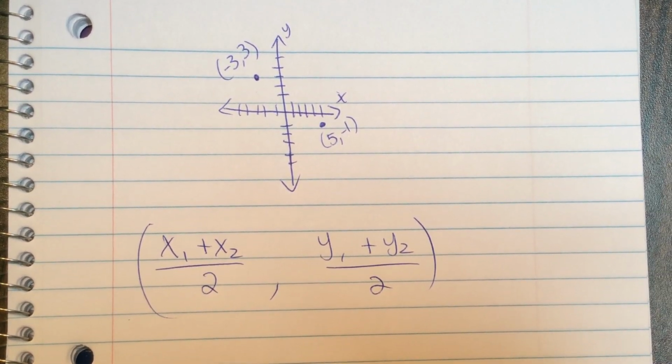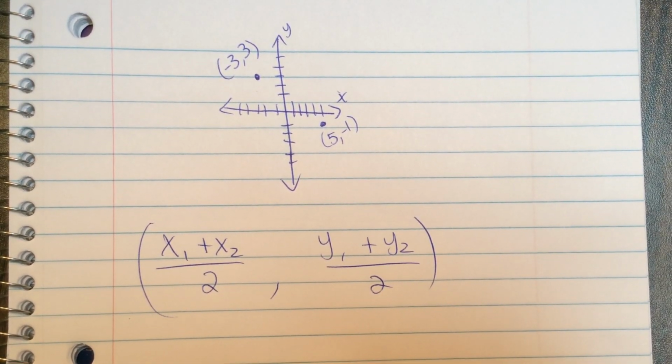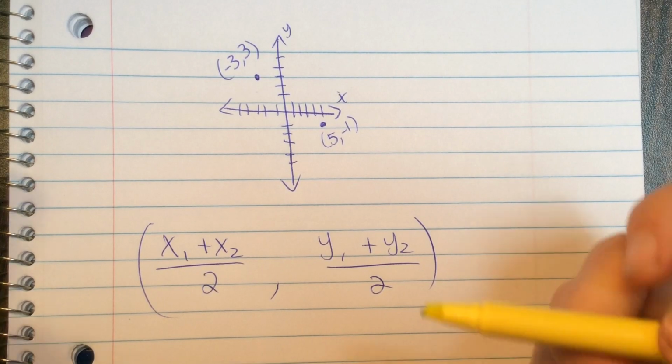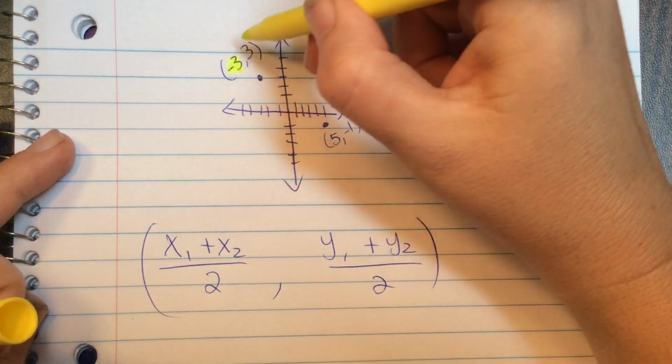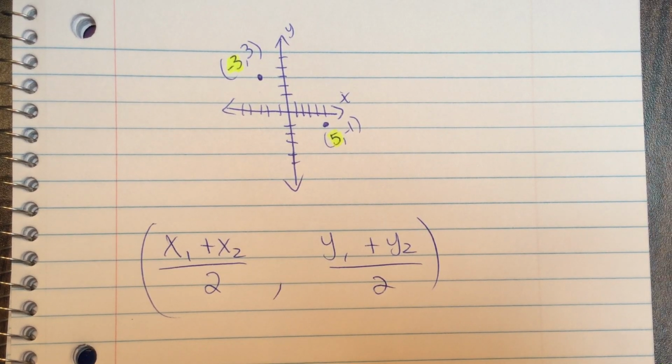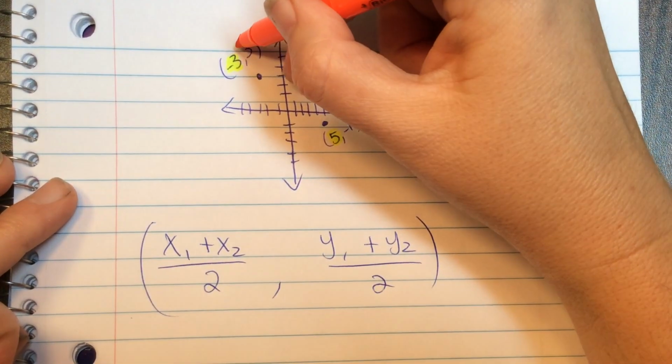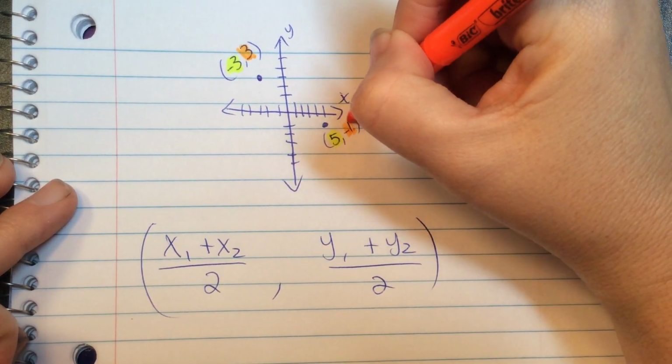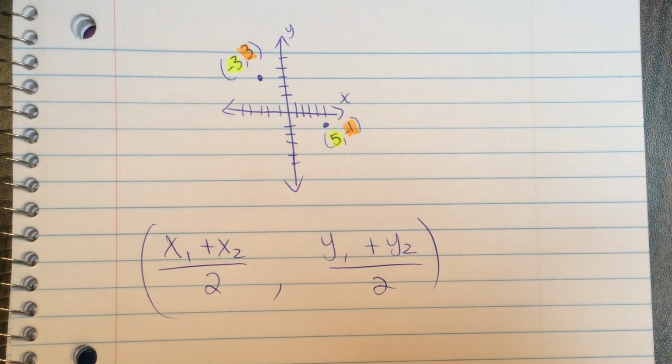So I'm going to highlight my x's in one color, and I'm going to highlight my y's in a different color. I don't know how dark this is going to be. It's not bad. Okay.